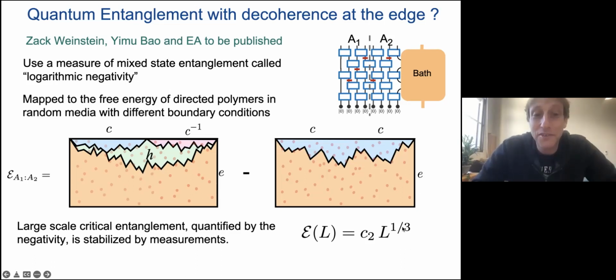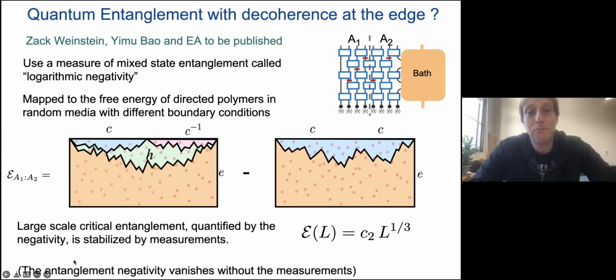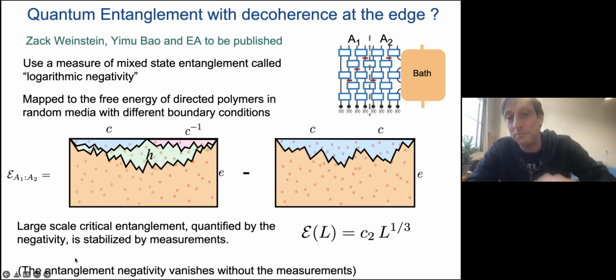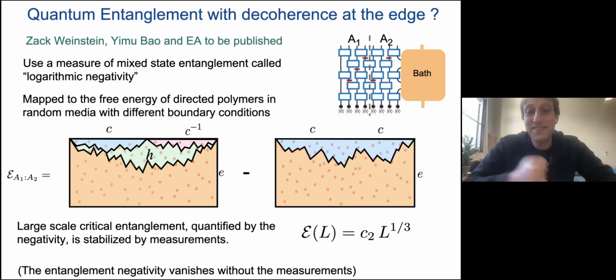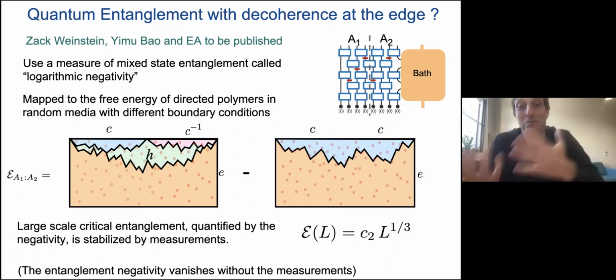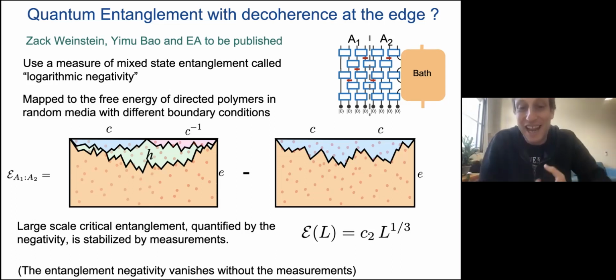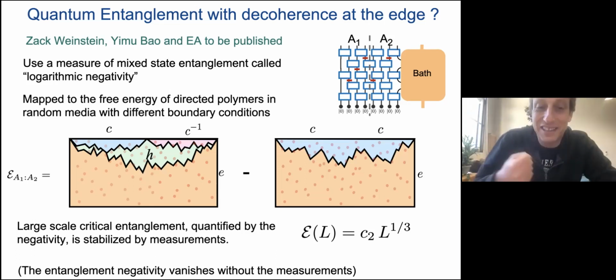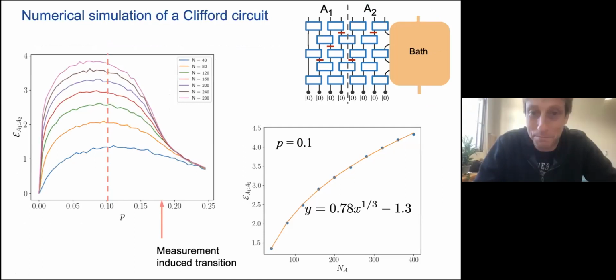This is kind of interesting because if I didn't have measurements, if I just had unitary gates without measurements, and I connected my system to a path at the edge, the entanglement negativity can be shown explicitly to vanish completely. So in this case, the measurements, which I previously said are disentangling, are actually acting here to enhance the entanglement of the system compared to the non-measured system.